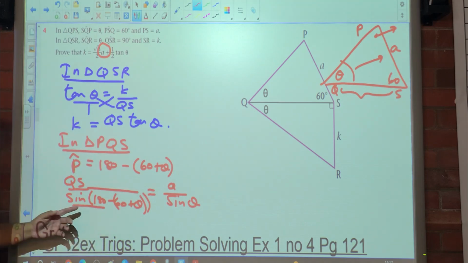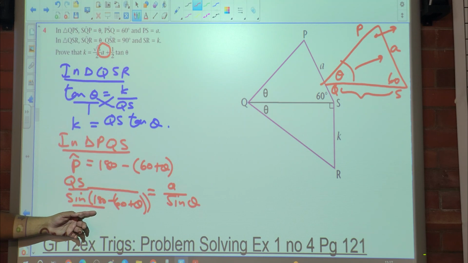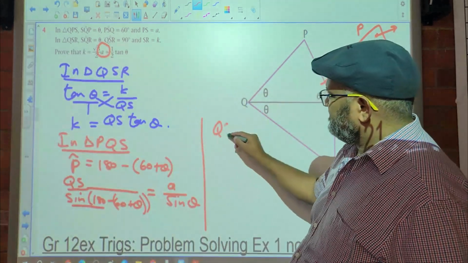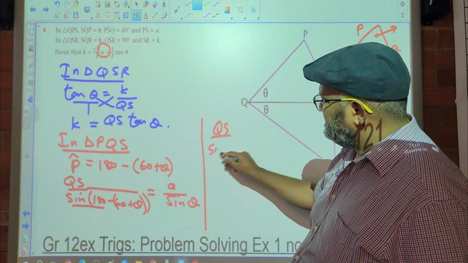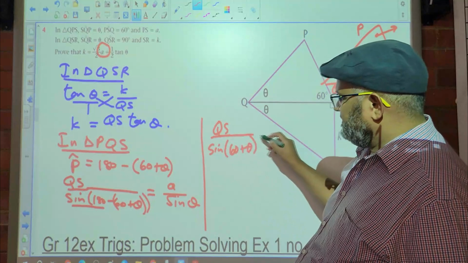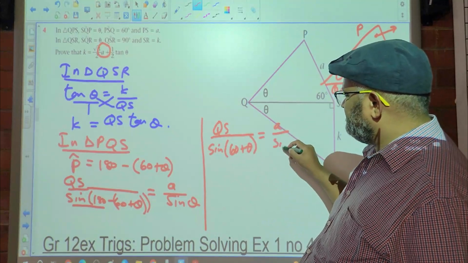The reason why I kept it like this is because I can apply reduction formula easily. 180 minus 60 is in the second quadrant, where sine is positive. So this is simply QS over sine 60 plus theta equals A over sine theta.